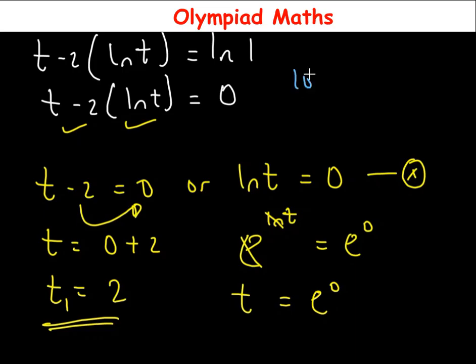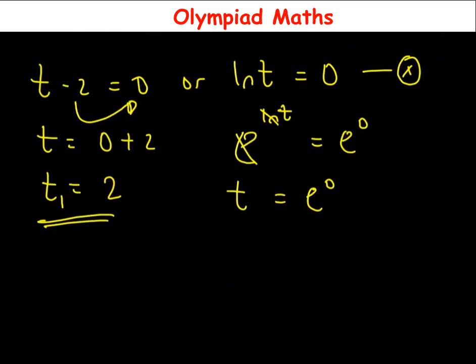If you have 1000 raised to power 0, it is equal to 1. If you have 2 raised to power 0, it is equal to 1. So e raised to power 0 is equal to 1. But 0 raised to power 0 is not equal to 1. So from here, the value of t is then equal to 1. Now we've gotten the second solution for the value of t.